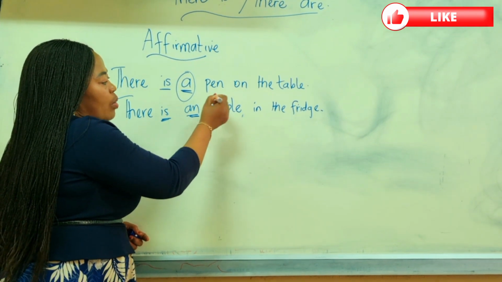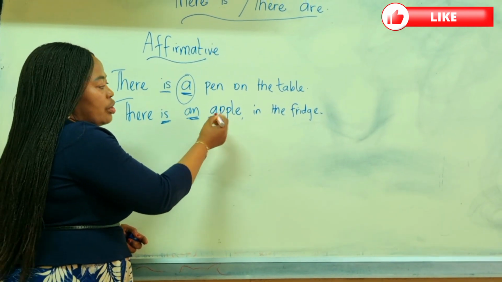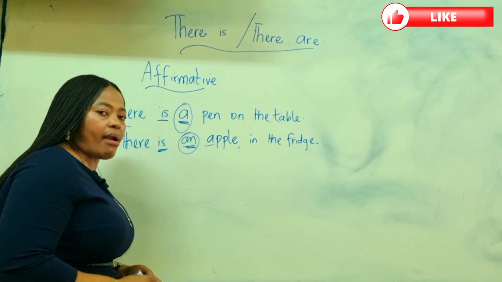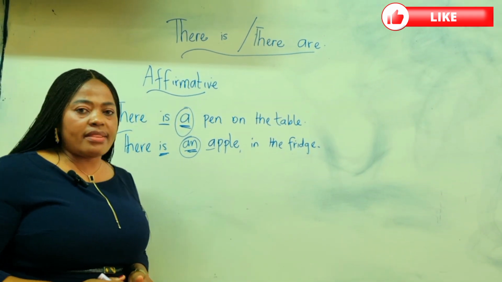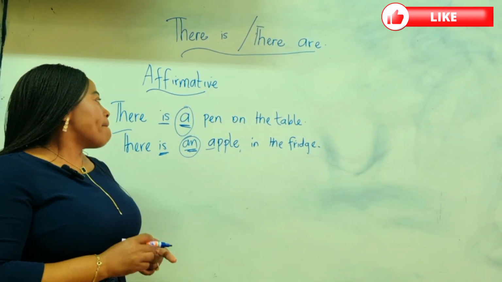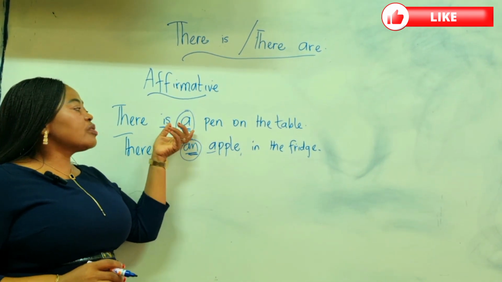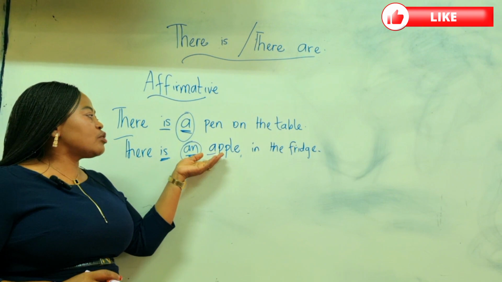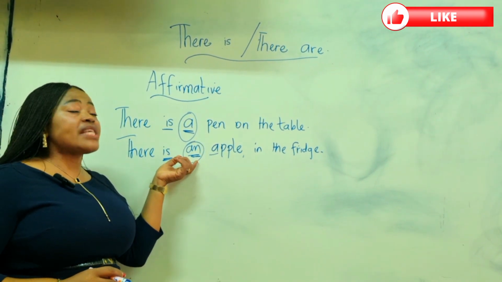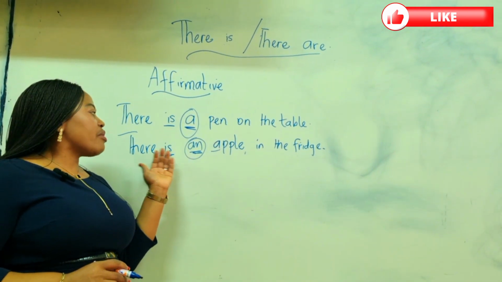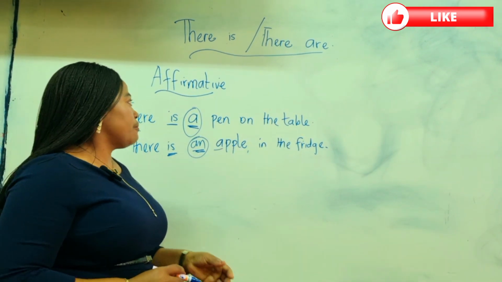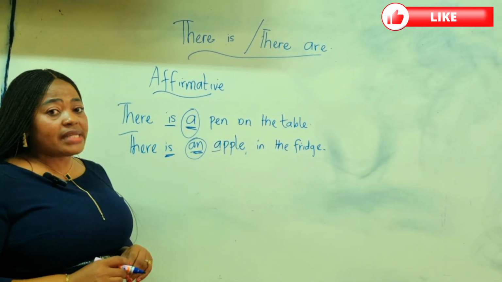So, when you have a vowel on the noun, you use an and not a. So, this is a lesson for another day. We are not going to go deep into that. But know that when the noun begins with a consonant sound, you use a. But when the noun begins with a vowel sound, we use an. We add n to a. So there is an apple in the fridge. That is an example for there is, singular.